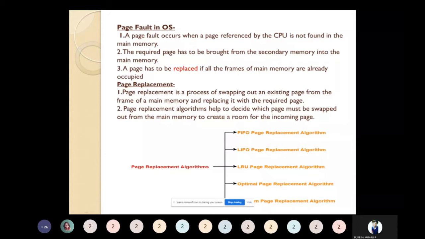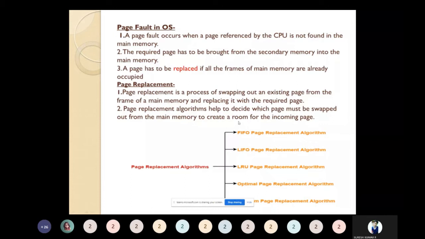This swapping we call page replacement. Which page needs to be replaced and which goes out is decided by the page replacement algorithm.